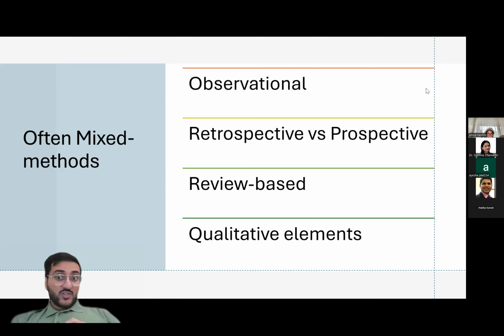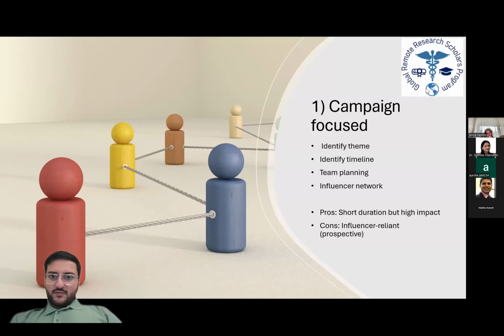But it can also be prospective, and we look into how it can be designed as something that goes into the future and then you collect that data. It could be review based as well, and then it has a bit of qualitative elements rather than just being purely quantitative. So the first one we're going to talk about is campaign focused initiative.